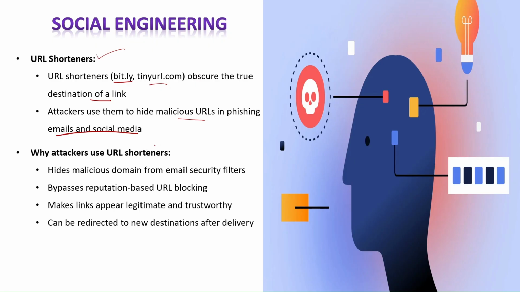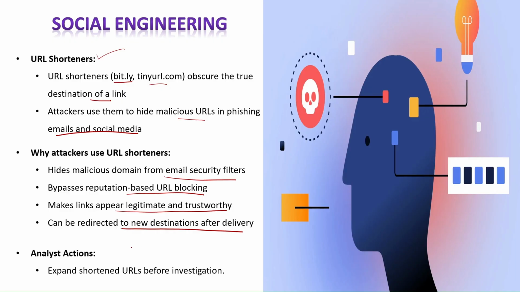Why do attackers use URL shorteners? They hide malicious domains from email security filters, bypass reputation-based URL blocking, make links appear legitimate and trustworthy, and can be redirected to a new destination after discovery. So analyst actions should be to expand shortened URLs before investigating them.